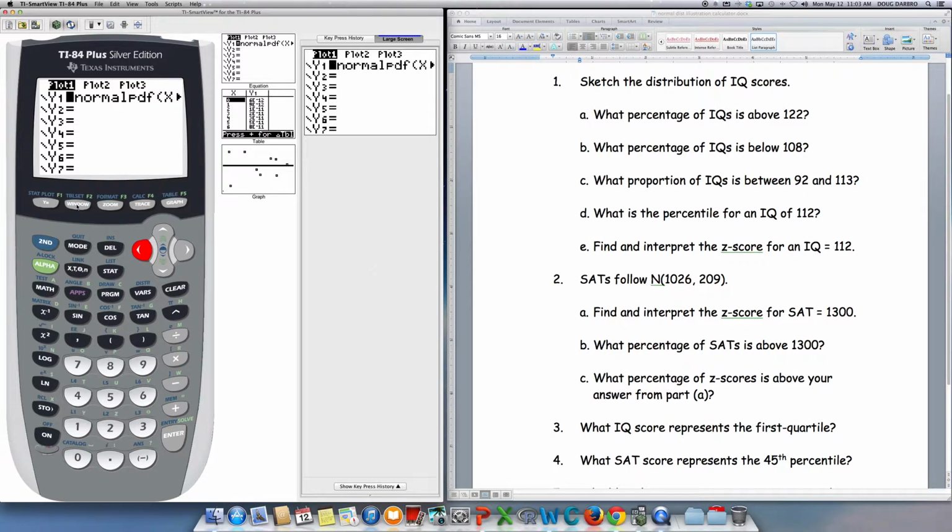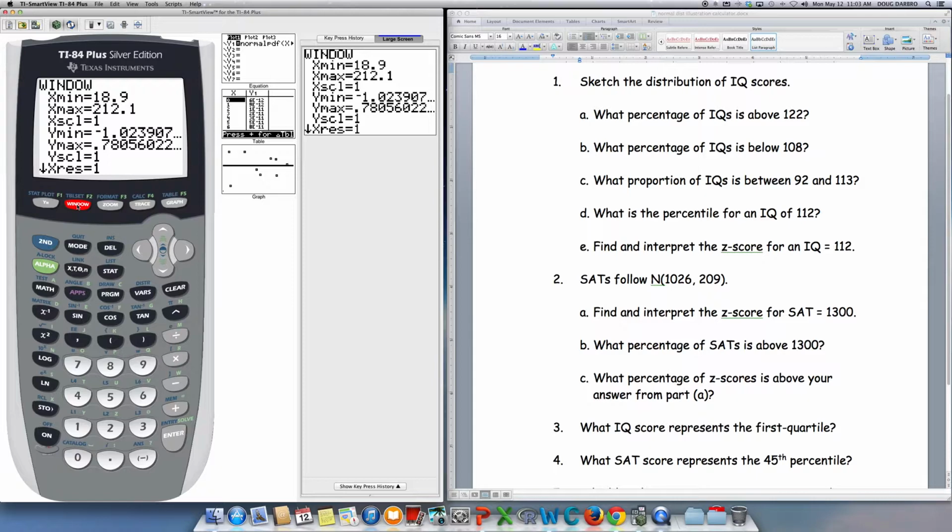Now the next thing I have to do is set my window appropriately. All we really need to do here is set the x-min and the x-max. Well, when we sketch distributions that are normally distributed, what we typically do is we start with the mean and go from 3 standard deviations below.